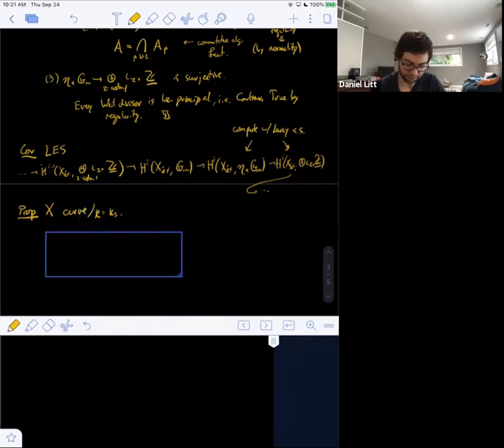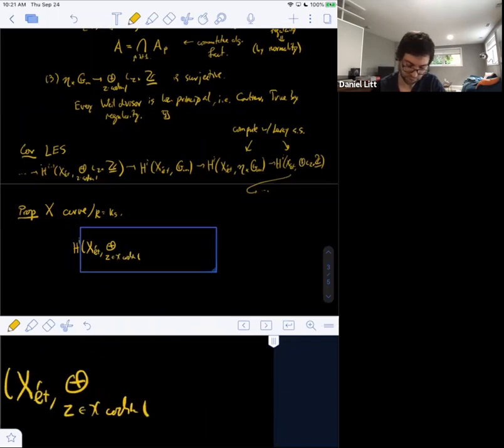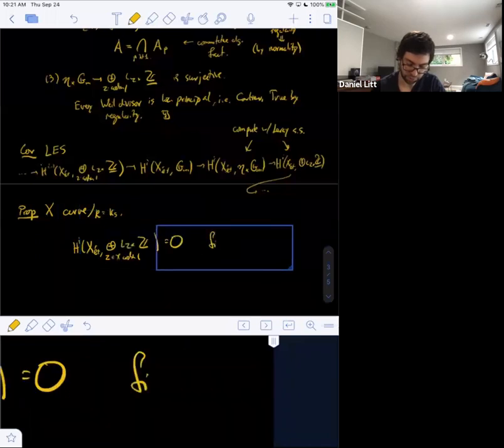Then the cohomology on X Etale of this direct sum over Z of codimension 1, so that's just closed points of X, of iota_Z lower star of Z, is 0 for i bigger than 0.